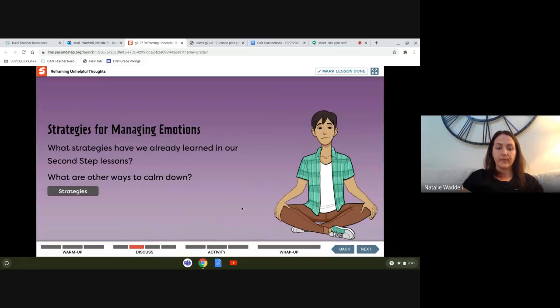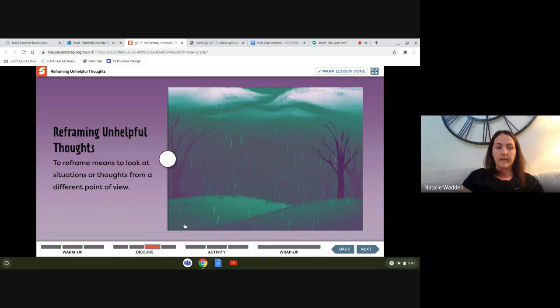Okay. So we want to focus on reframing unhelpful thoughts. A frame is a way that we look at something. If we look at something through a negative frame, then we're more likely to have unhelpful thoughts.